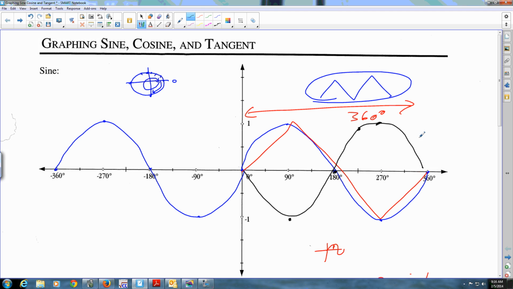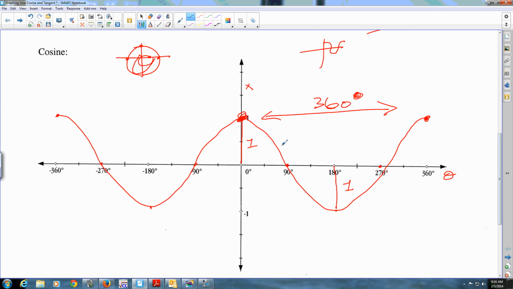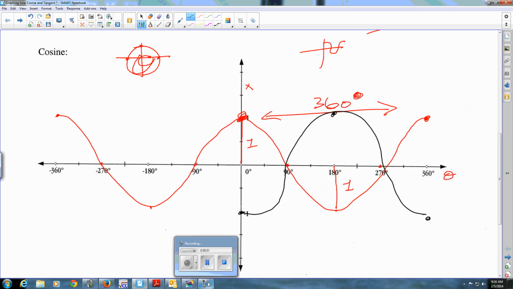You're starting going down rather than starting by going up. And for negative cosine, instead of starting up, you're going to start down. And you'd end down. In the middle, you're halfway up. So your graph would go like this. Okay. So that's for these basic graphs. Then I'll go to the more specific ones in the next video.